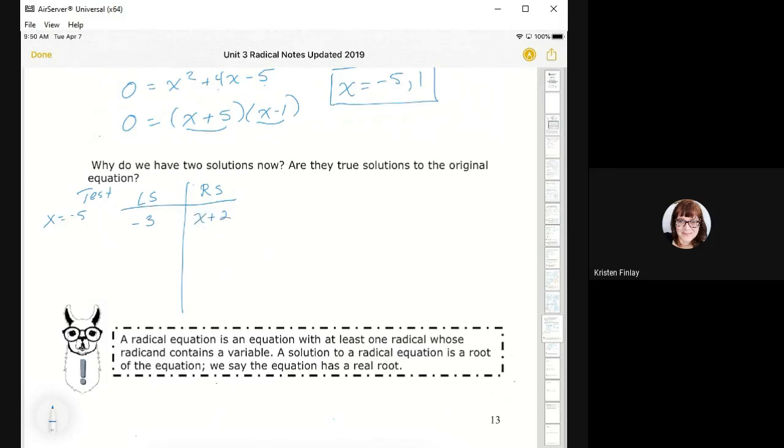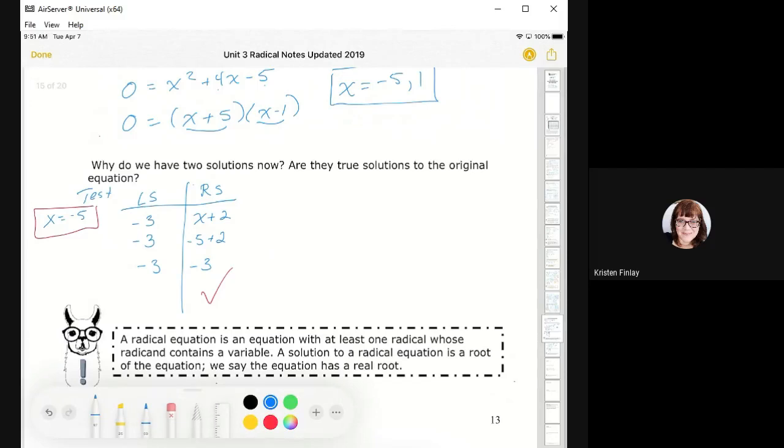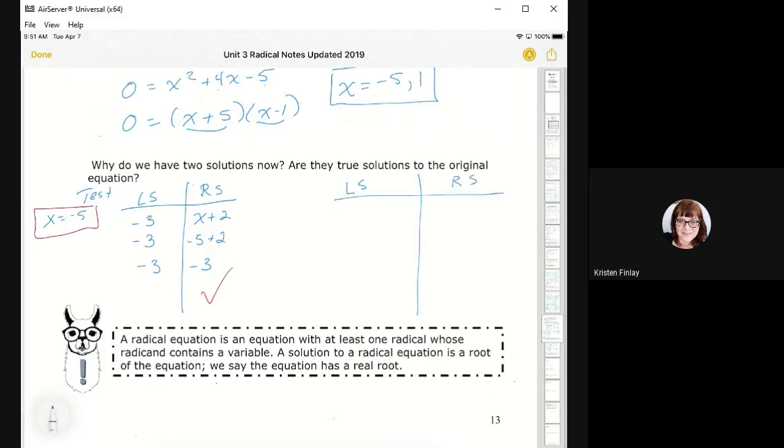So if x equals -5, this stays as -3. I substituted a -5 here, plus 2. This is -3. -5 plus 2 is -3. So yes, this one works. So this is a valid solution. I'm going to do the same thing with my x equals 1. So testing here, x equals 1.